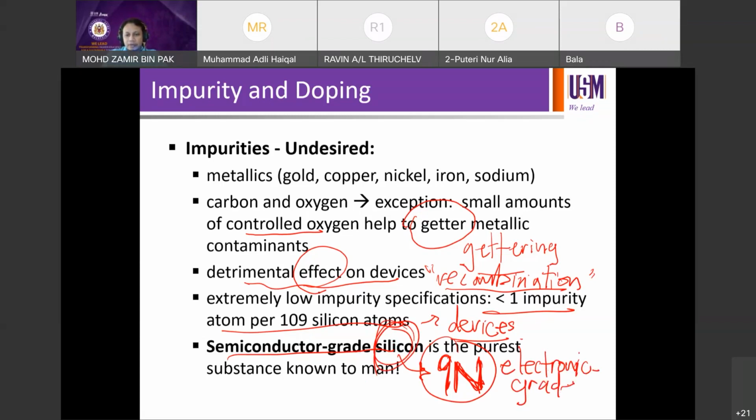They are actually referring to the same thing, which is 9N. Kalau macam solar cell tu, I mentioned yesterday 6N, right? So typically, the terminology is called solar grade. This is the common terminology used in the field. In the solar industry, we call it solar grade 6N. In the semiconductor industry, we call it 9N, electronic grade or semiconductor grade.